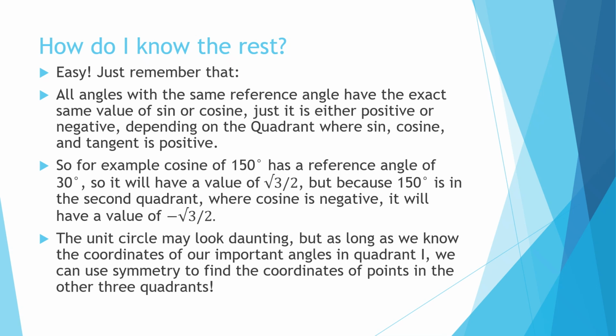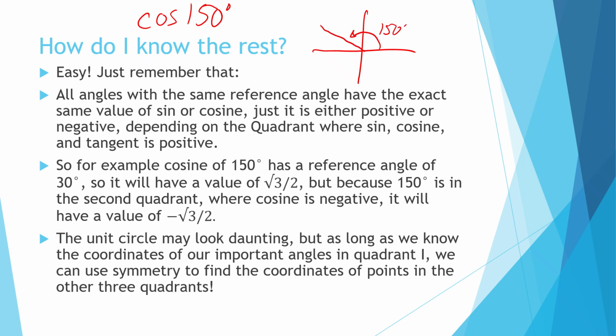All you need to do is remember that any angle with the same reference angle will have the same value of sine or cosine. It just could be positive or negative depending on what quadrant it's in. So for example, let's take a look at 150 degrees, and let's say I ask you for cosine of 150 degrees. That's going to be right here, right?